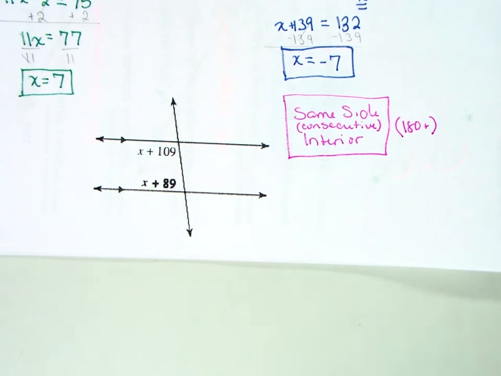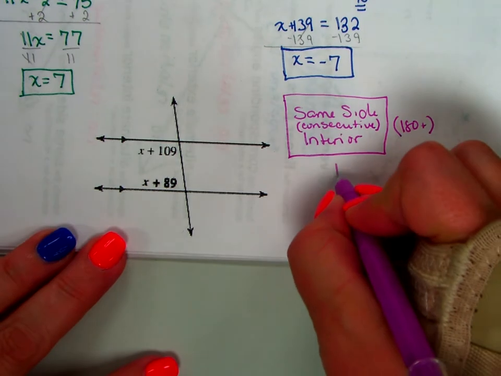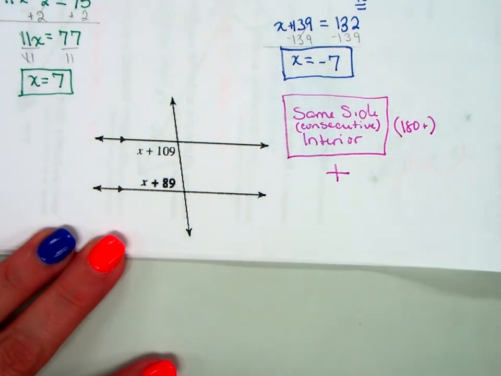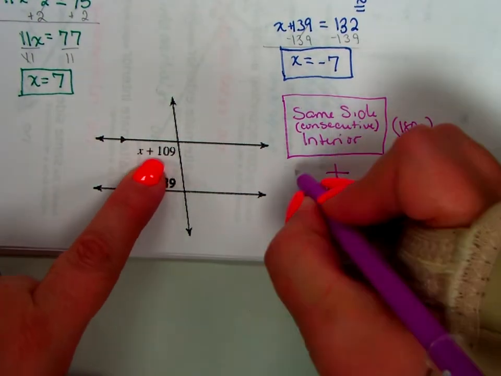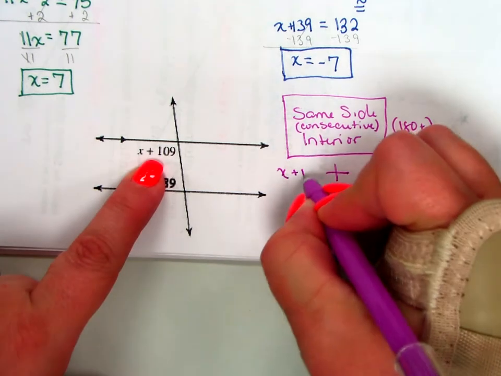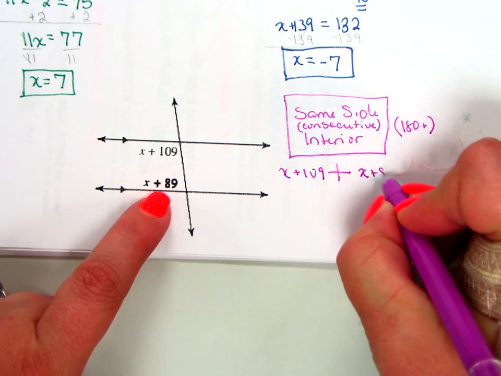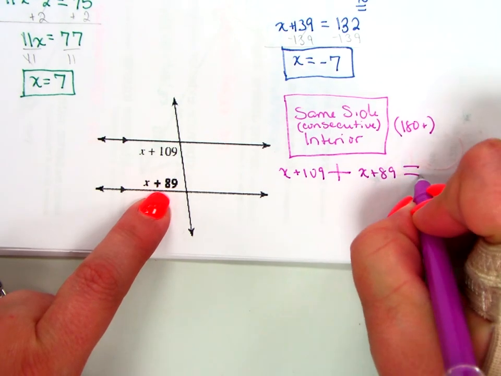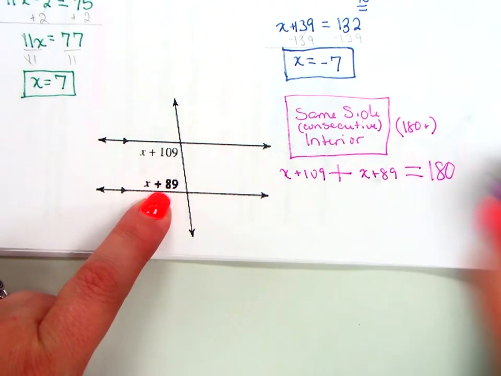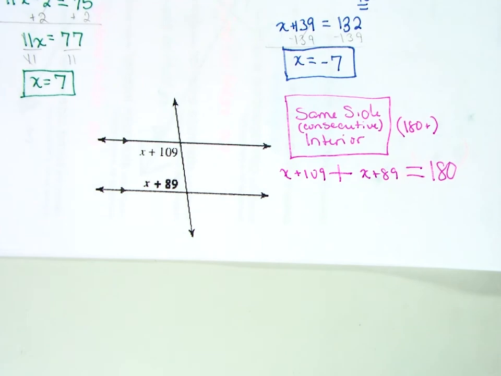So that means if I add the two angles together, they equal 180. So instead of saying they equal each other, I have to add them together. So one of my angles is x plus 109, and the other angle is x plus 89. And I know together they're going to equal 180.